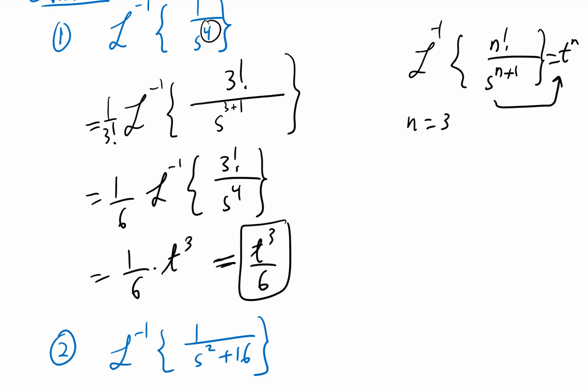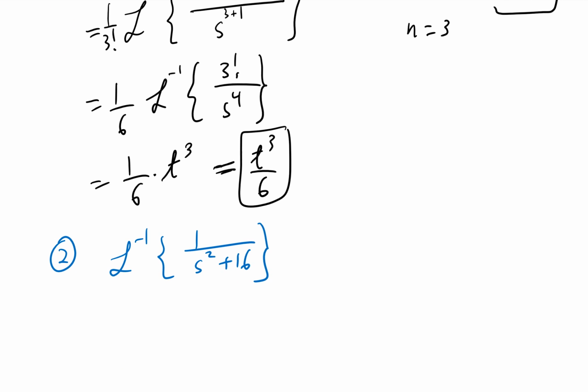So this is going to be either sine or cosine, right? Either sine or cosine. The sine has constants on the top, no s's. Cosine has s. So this one doesn't have s on the top.